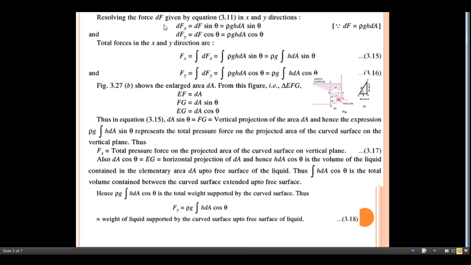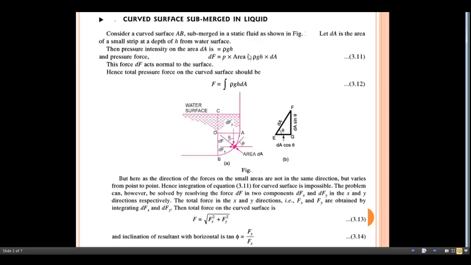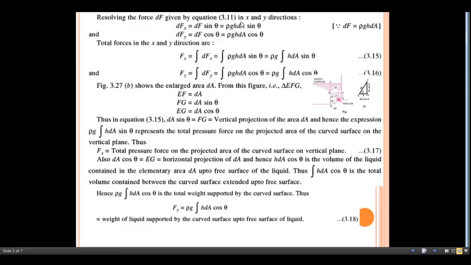Then we resolve the force dF given in the previous equation, equation 3.11, along the x and y directions. Here the resolution is in front of you: this indicates the dFx and this indicates the dFy component. Adjacent to theta the component must be the cos component, and the other must be the sin component.